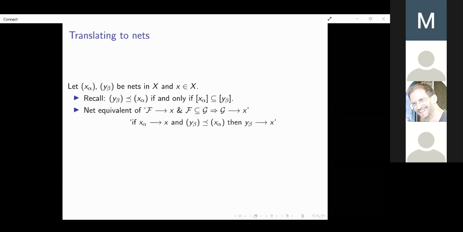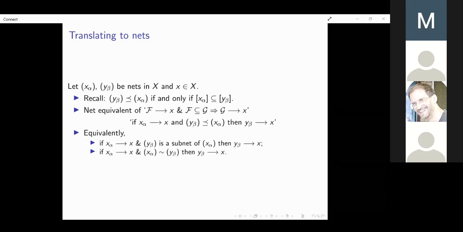So the net equivalent of this monotonicity axiom in the definition of a convergence structure can be formulated as: if x_alpha converges to x and y_beta is a quasi-subnet of x_alpha, then y_beta converges to x. If you would prefer to stick to classical subnets instead of quasi-subnets, then you can replace this with the following two conditions.